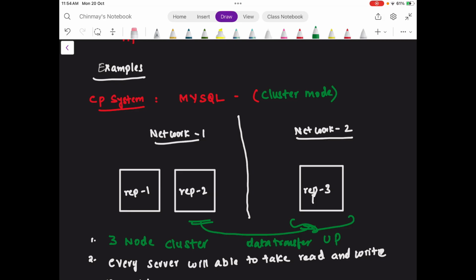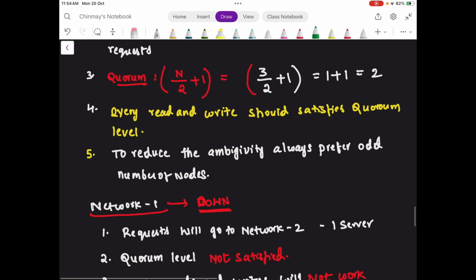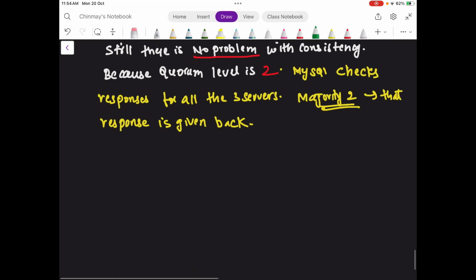According to the CAP theorem, availability is not satisfied in one case, so the entire cluster is termed a CP system. CP systems are generally used in payment services, which we discussed already. This is how the CP system works.